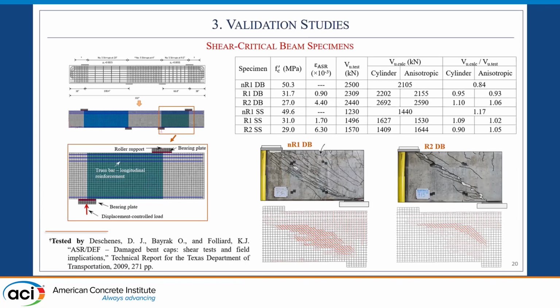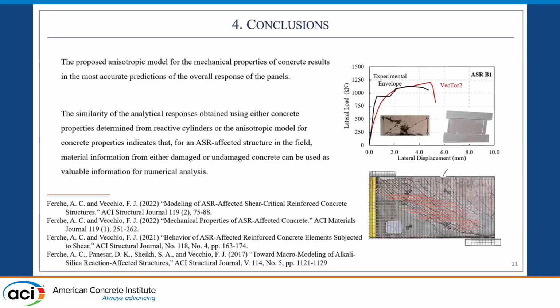In addition, for the reactive specimens, the inclined diagonal shear crack developed at a much higher shear strength compared to the non-reactive ones. In conclusion, the proposed anisotropic model for the mechanical properties of concrete resulted in the most accurate predictions for specimens such as shear critical panels.